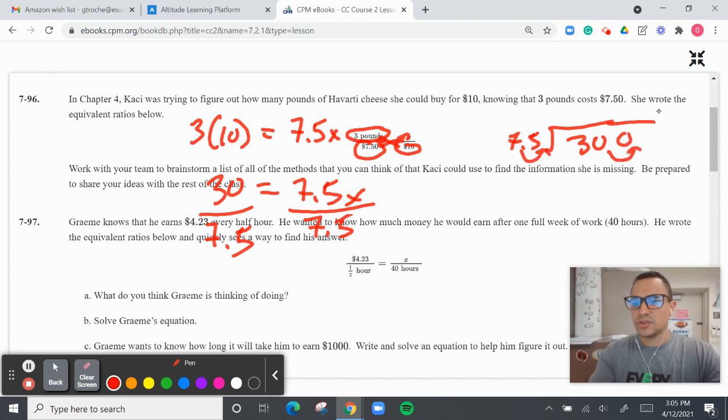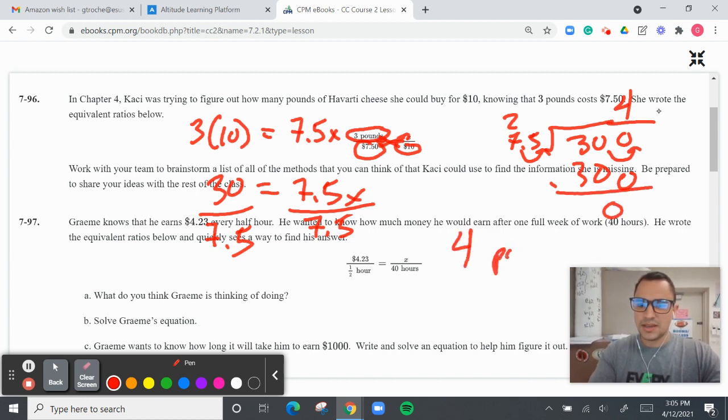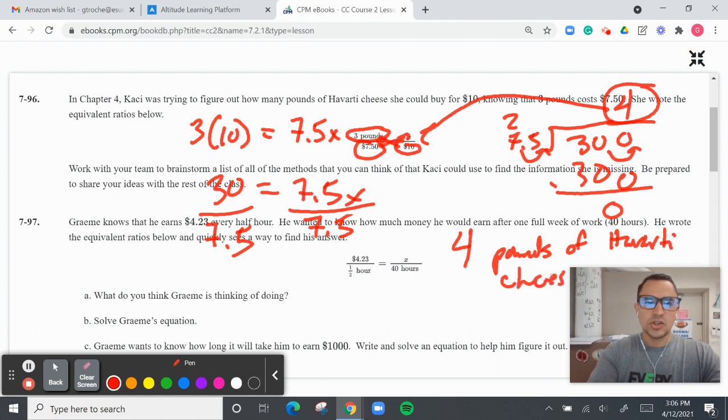So 75 goes into 300. I think that's 4 times. So that's 20, 28, 20, 30. Yep. And so 4. So 4 pounds, because that's what that means. 4 is the x. 4 pounds of Havarti cheese.